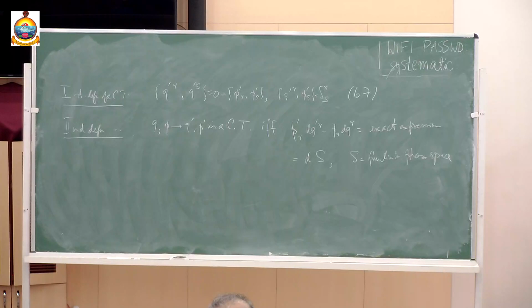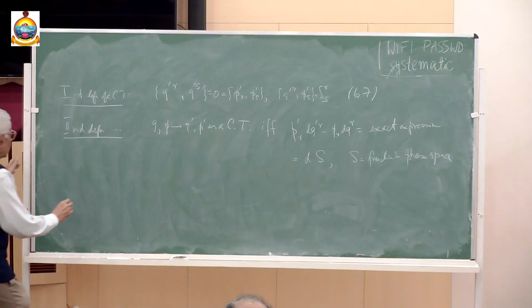I might just say here, in the case of a point transformation, how does it reappear as a canonical transformation? Let me just show you that. Just a simple equation here.